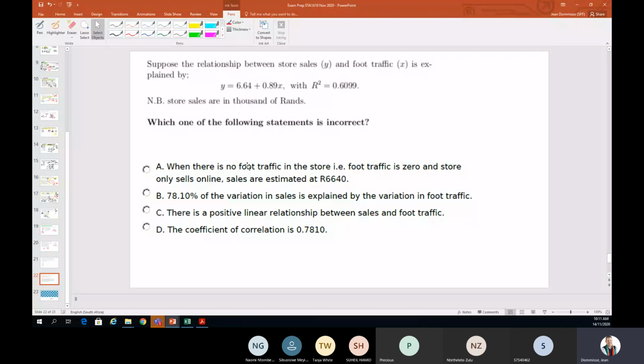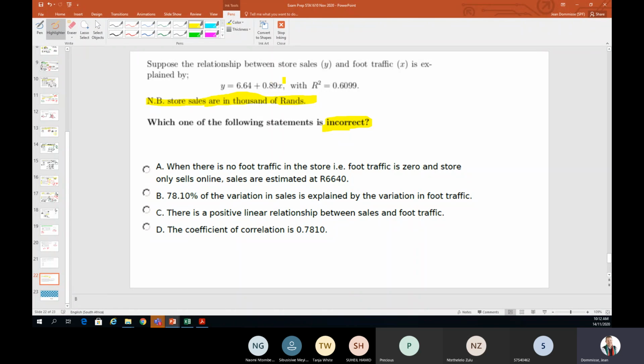Okay, the last one is asking you a bit of definition in here. So when there is no foot traffic in the store, so they give us a formula, i.e. foot traffic is 0 and the store only sells online, sales are estimated at that. Note it's thousands of rand.